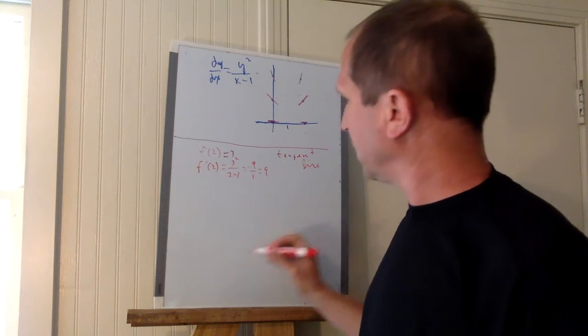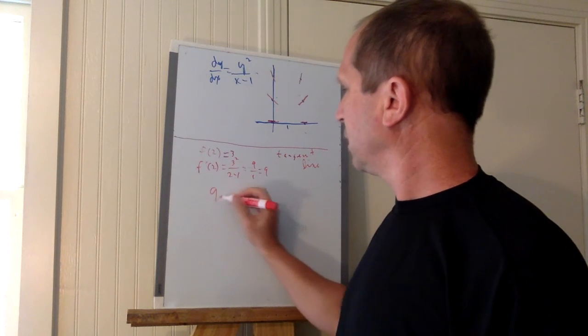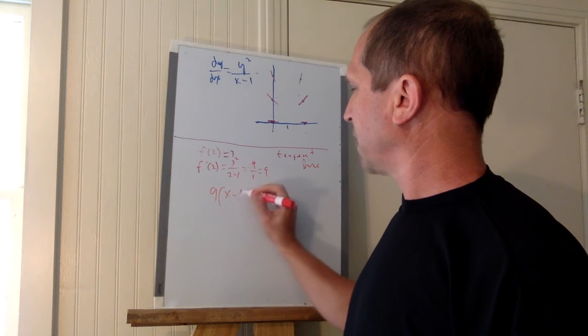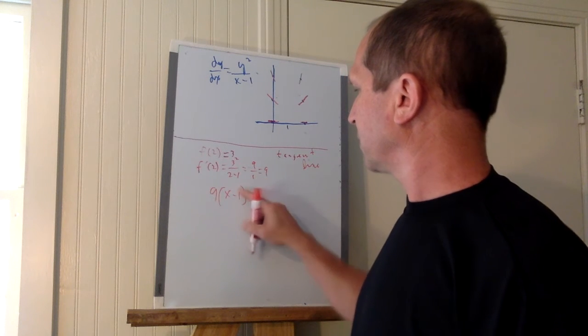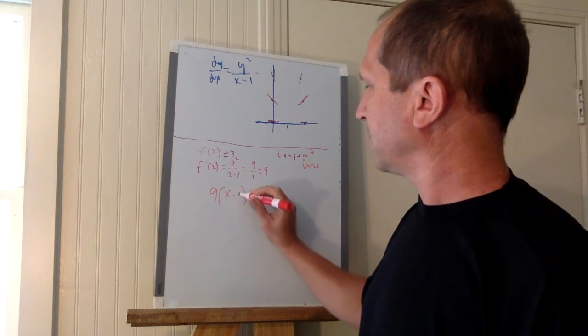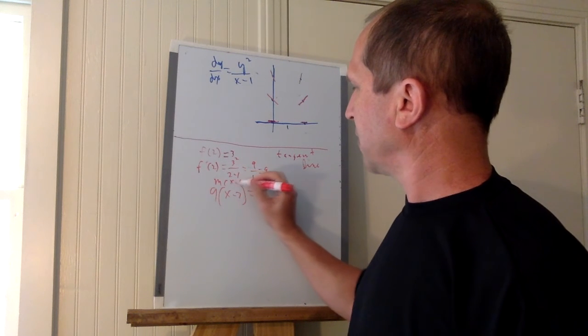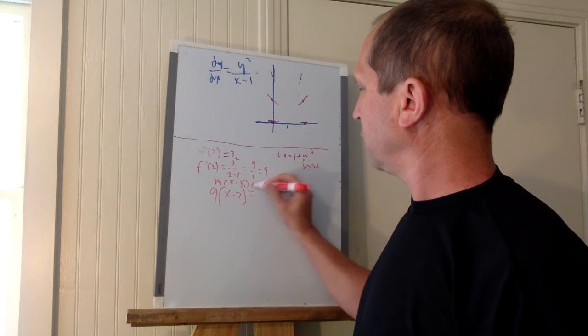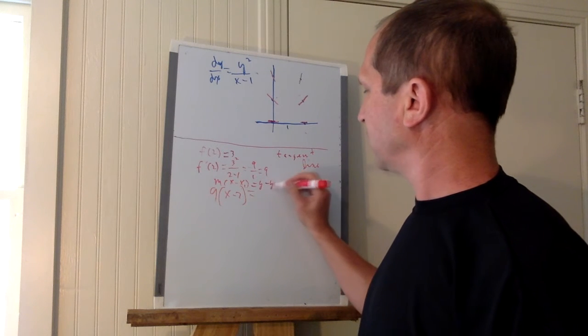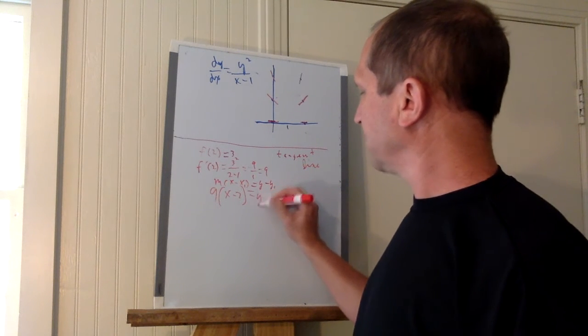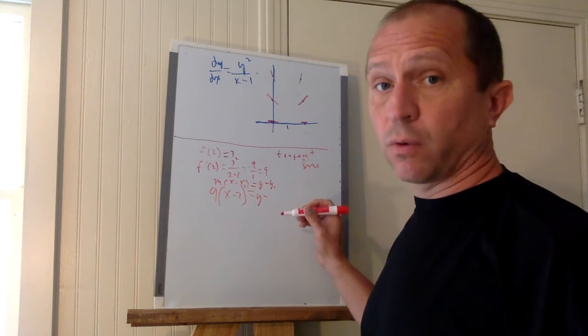So now to get the point there, 9 times x minus 2. This is m times x minus x sub 1 equals y minus y sub 1. So it's going to be equal to y minus, and then the y coordinate there is 3.